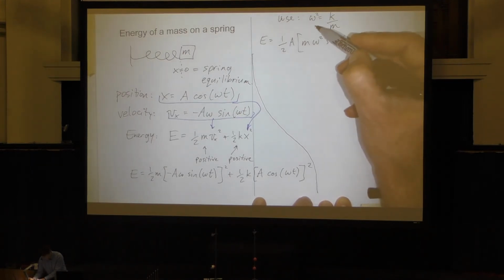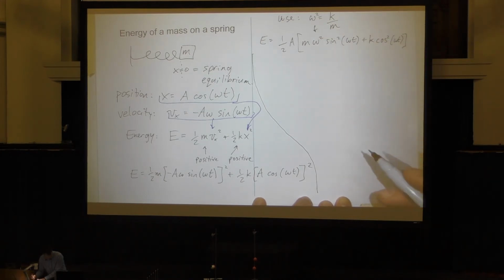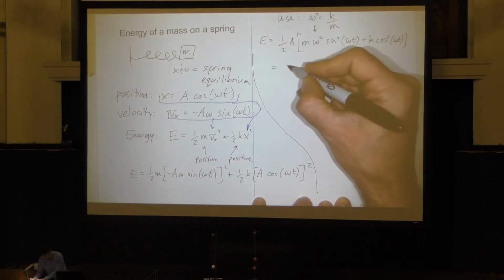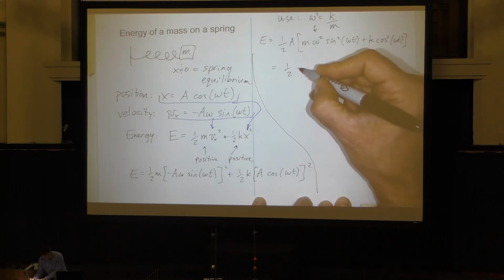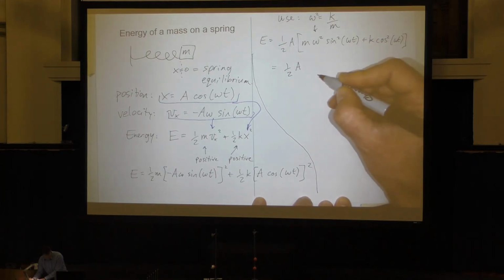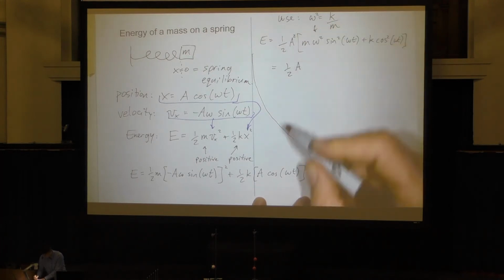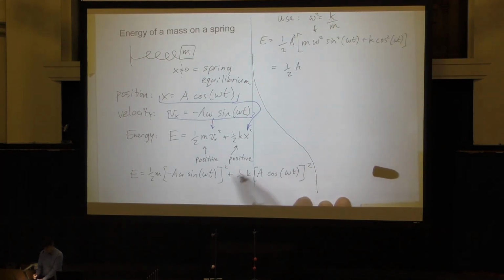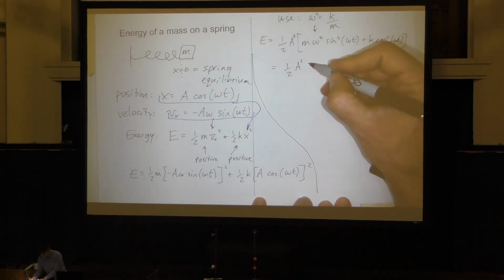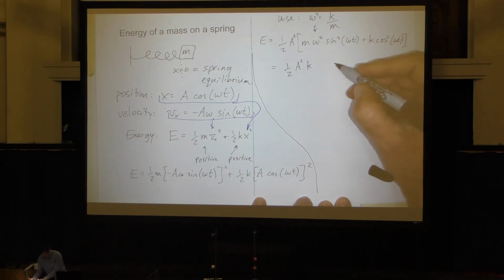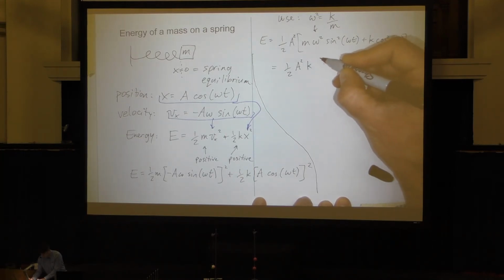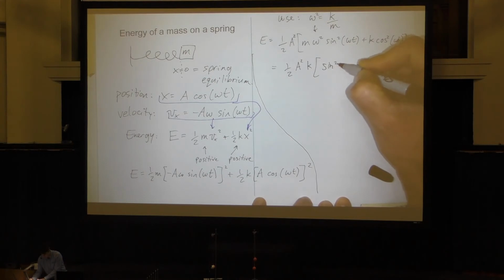So I'm going to plug this into here. I'm going to say that this is now equal to 1/2 a. This is supposed to be a squared, sorry. The a is squared in both of these terms, so there's an a squared, and then now I can pull out a k and say that this is now sine squared omega t plus cos squared of omega t.